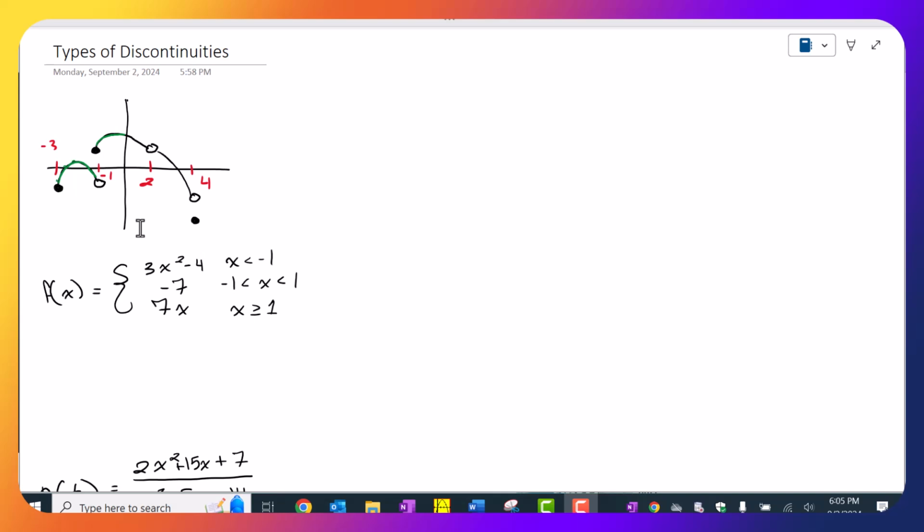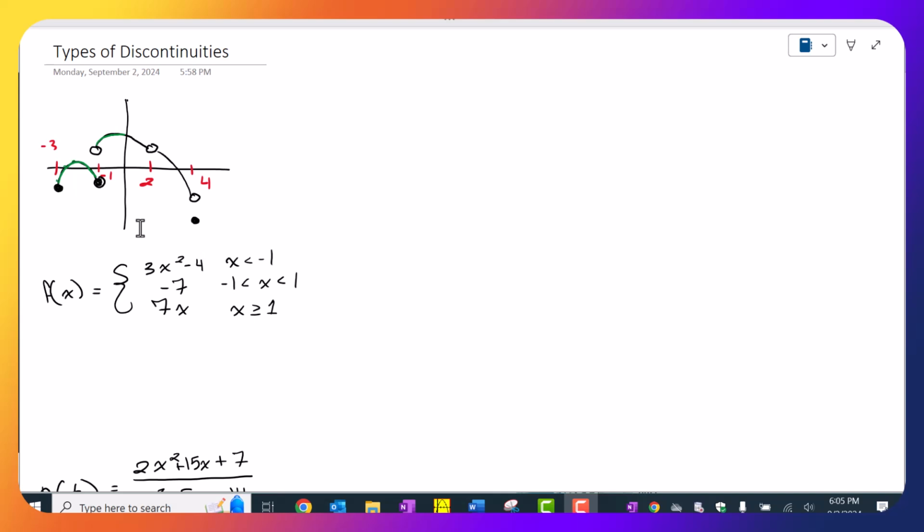And just to show you, if I fill in this hole here, I still have a discontinuity. And I also can't bring this point down, because if I brought this point down to fill it in, I would just have an open circle up there.